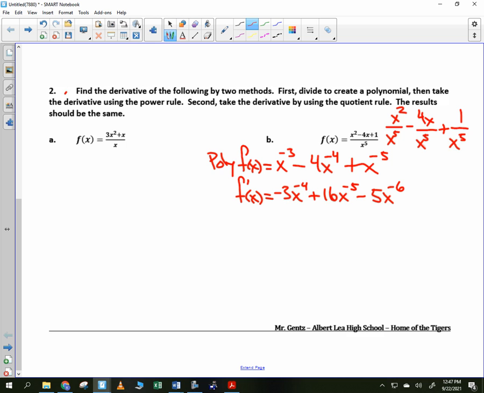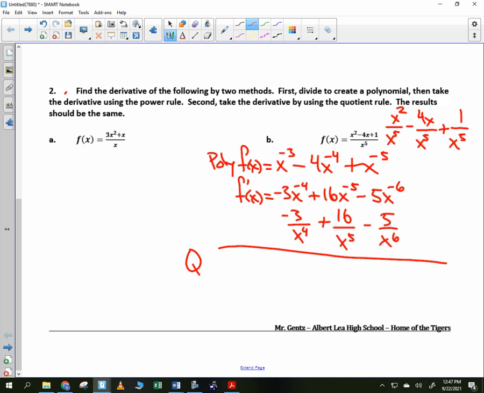So if I write that without negative exponents, I would have negative 3 over x to the fourth plus 16 over x to the fifth minus 5 over x to the sixth. Everybody agreed? Okay, so my goal is to see if I use the quotient rule, do I end up with the same thing? Okay? So that's the polynomial option.